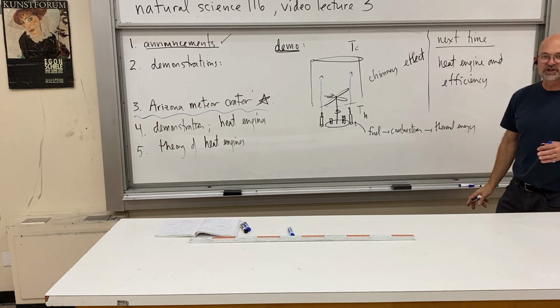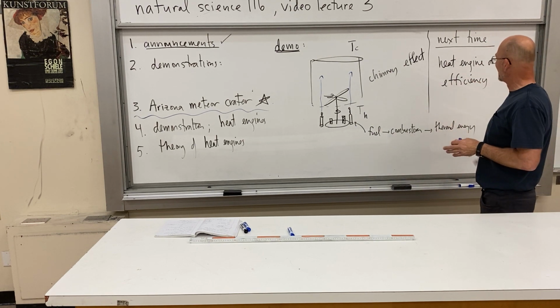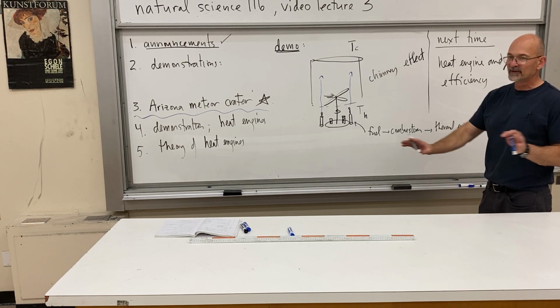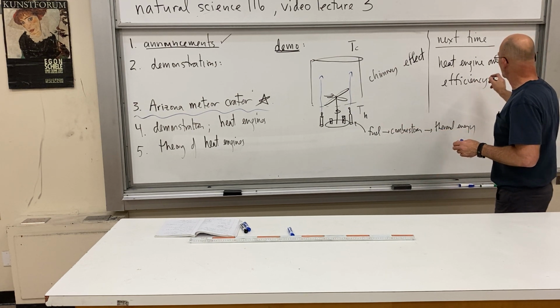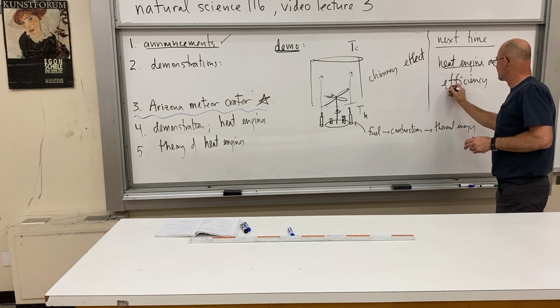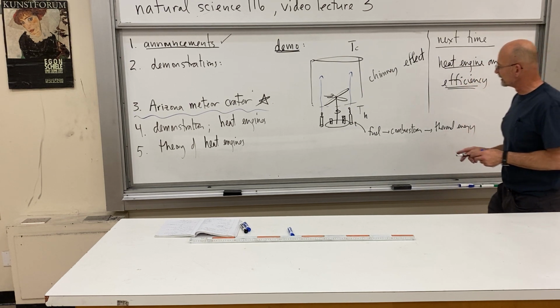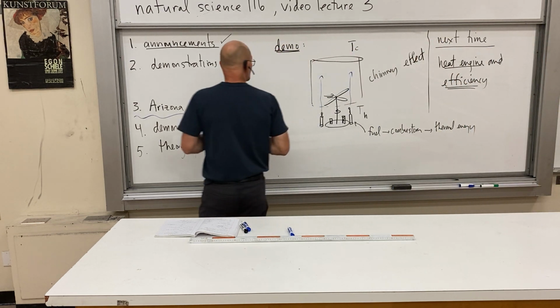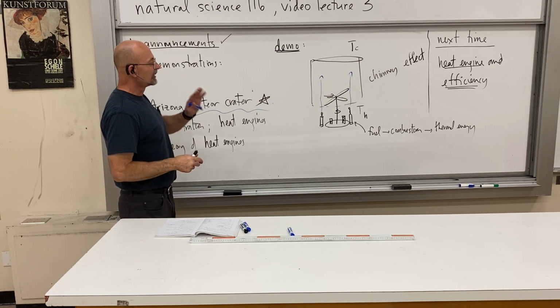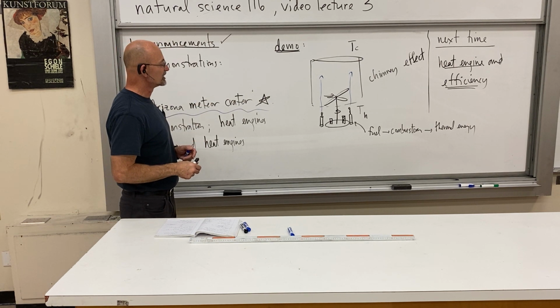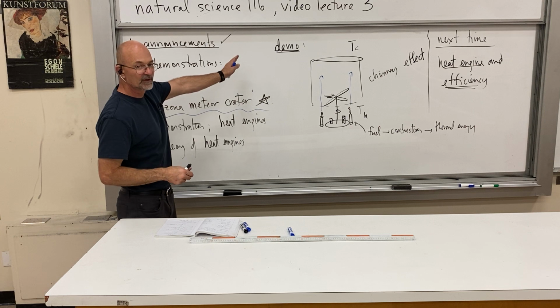This is where our discussion of entropy is going to come into play. I brought up the entropy that, it seemed kind of abstract. I brought it up because we're going to get the heat engine and its efficiency very nicely. What else do we have here for next time? That's the main thing. Heat engine and its efficiency. We'll review this stuff.